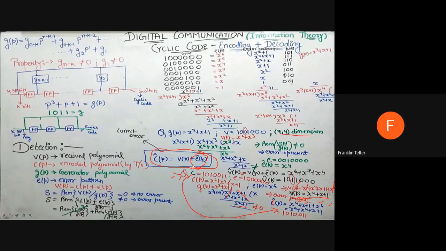You can see the given C has the error, and you have C cap of P, which is similar to the above given data 1010011. This is exactly the same. In this way, you are able to correct the error.